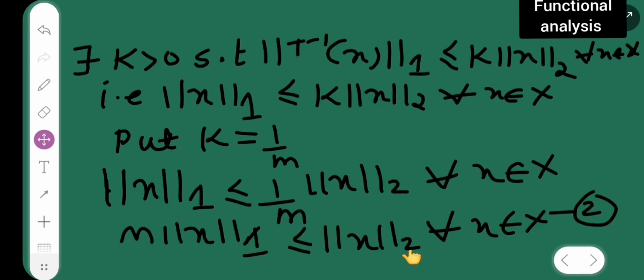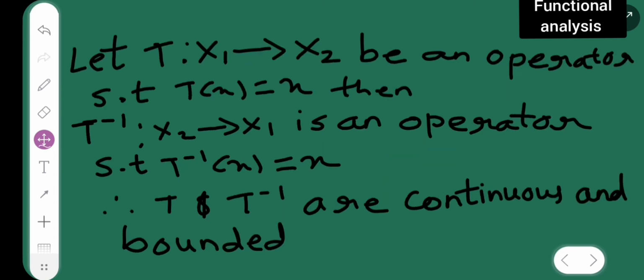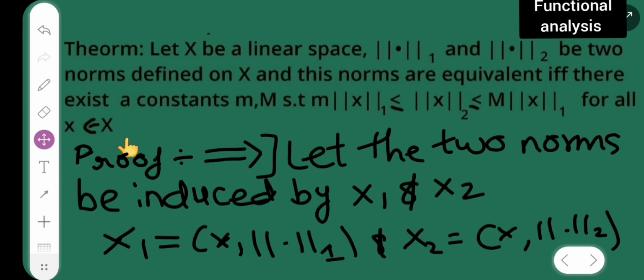So from 1 and 2 we got this, right? Now taking this, we have proved this, right?